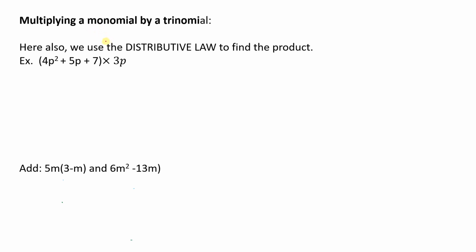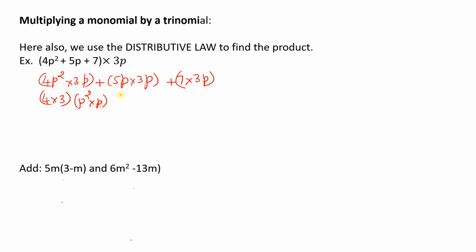Now let us multiply a monomial by a trinomial. Here also we use the distributive property to find the product. You have to multiply each term of the trinomial by the monomial. That is 4p square into 3p plus 5p into 3p plus 7 into 3p. Here the product of coefficients 4 into 3 into p square into p.